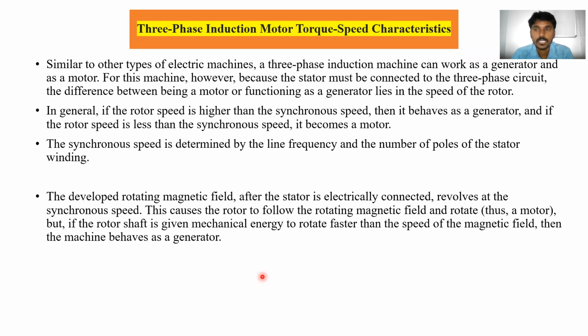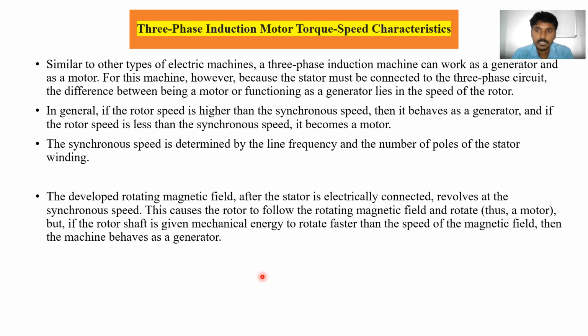Due to this, torque is developed, as we have already seen in the operating principle. Due to this torque, the rotor tries to start rotating in the direction of the magnetic field, which means the motor starts to rotate.